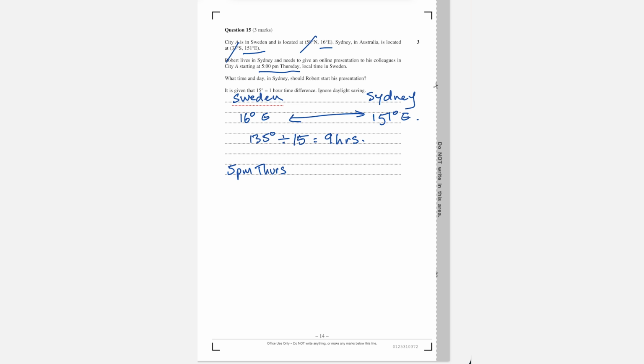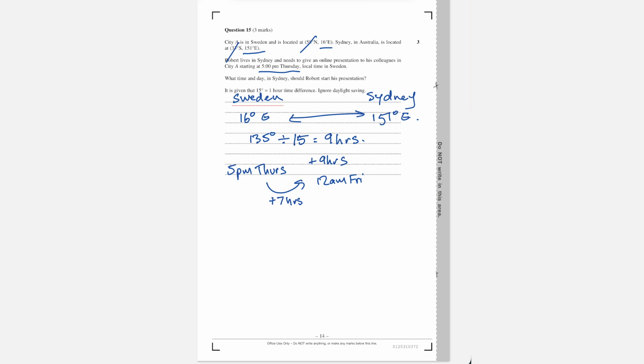And we know that Sydney's going to be ahead of Sweden. So we're simply going to add that 9 hours to 5 p.m. on a Thursday. So when we add 7 hours, that gets us to midnight, 12 a.m. on Friday.